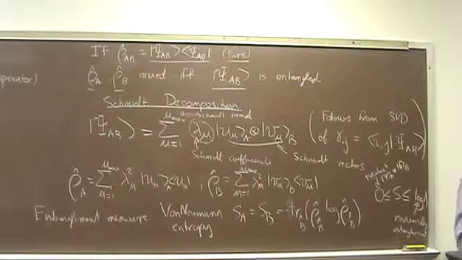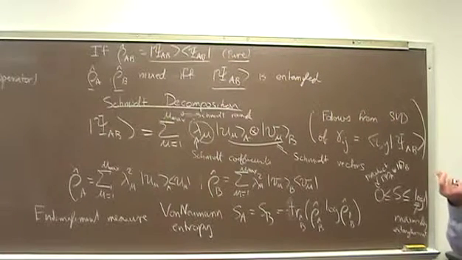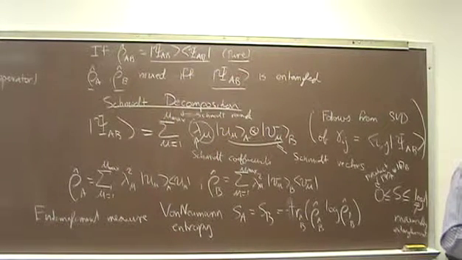Remember, the Jaynes-Cummings model is the coupling of a two-level system to a mode of the field, to a simple harmonic oscillator. So what's the most entanglement that you can get between that single mode, which is an infinite dimensional system, and the qubit? 2. Right, at dimension 2, you can get 1 bit of entanglement.